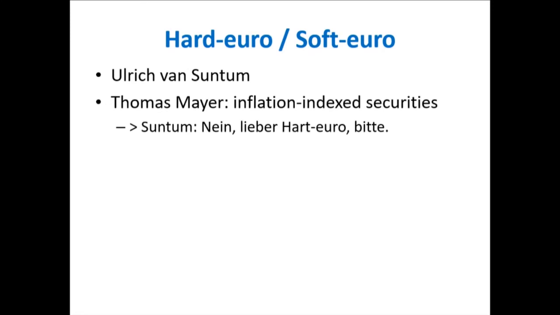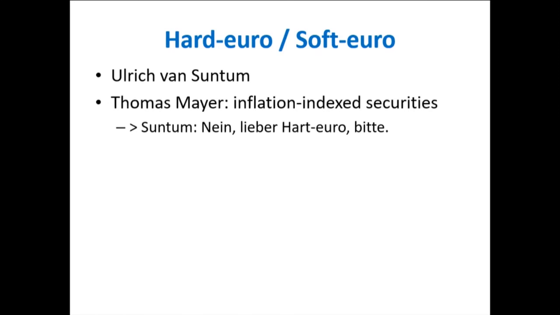Traditionally, Italy and Greece and other countries used to devalue their currency in order to support their exporters. But now, within Eurozone, they cannot do that anymore because there is a central monetary policy.